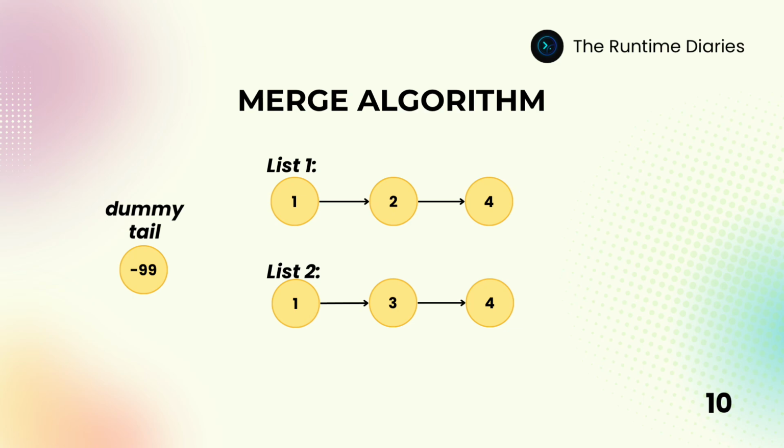If list1.val is smaller, attach list1 to tail.next. Then move list1 forward to list1.next. If list2.val is smaller or equal, attach list2 to tail.next. Then move list2 forward to list2.next. After attaching a node, move tail forward to tail.next.